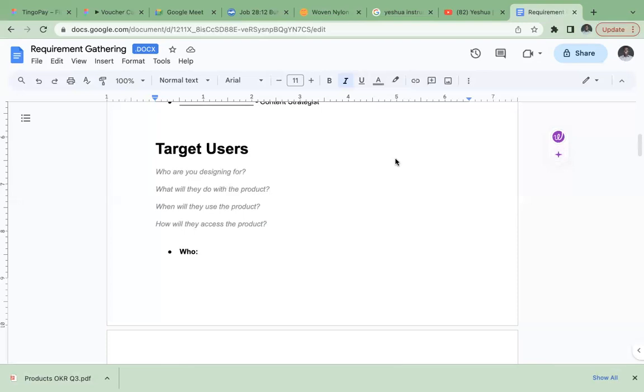Let's look at when will they use this product? Yes, very important, because you should be able to answer this: the product we are building, how long do we have to finish up this product? So that you can scale up the development process. All your team members, the UI design, the Figma design, the wireframe, maybe low fidelity and high fidelity interfaces, your testers, your scrum masters, everybody will have to be on board, depending on the time you have to develop this product.